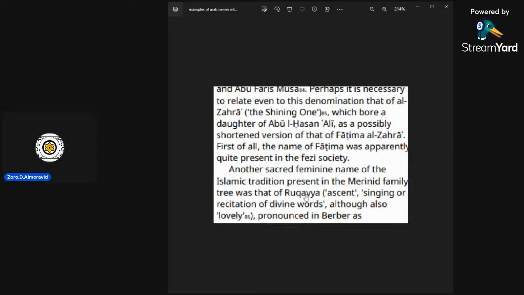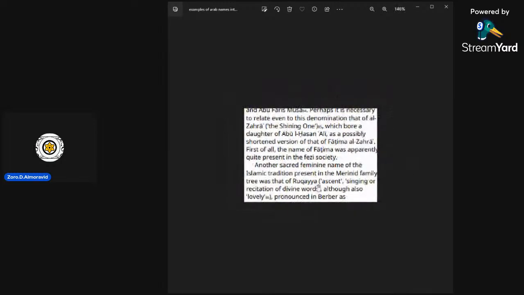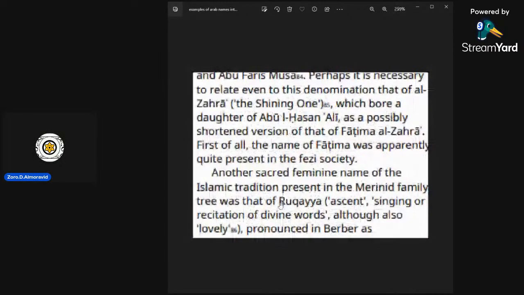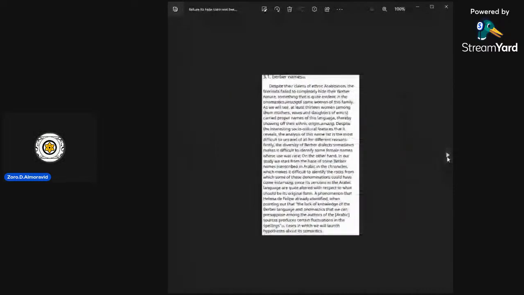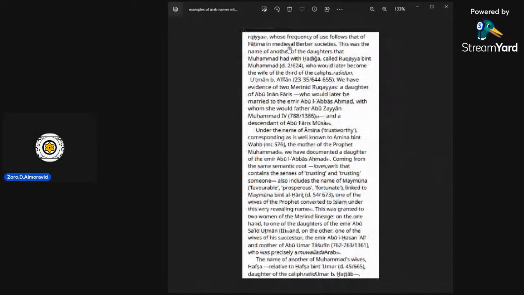Then we have Ruqayya, which is a shortened version of Raqiyya. And so we can see that the Berbers really took some Islamic names and altered them while preserving the Berber roots.